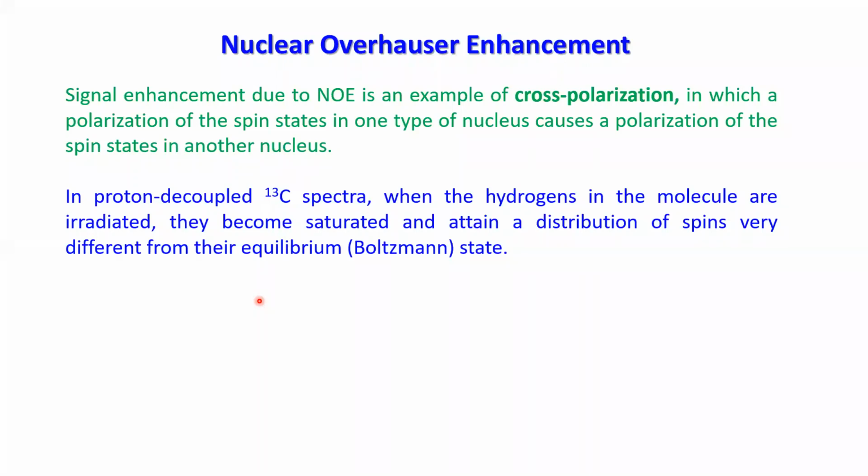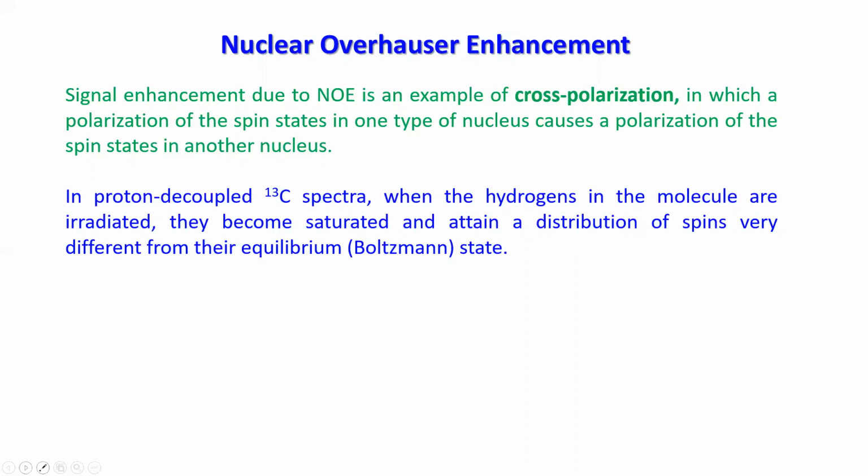The difference in population becomes 0, and then that nucleus will be inactive, as we discussed in our NMR classes. So your spin states will be different from the equilibrium. Before irradiation you have certain spin states, and after irradiation it is changed, so the excited state has a different number of nuclei. So you have a polarization.